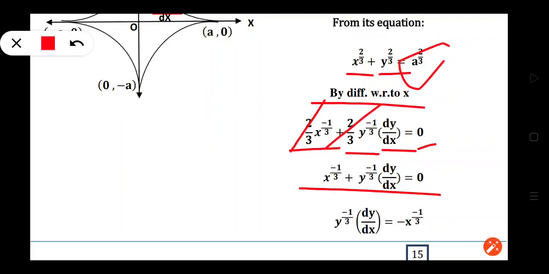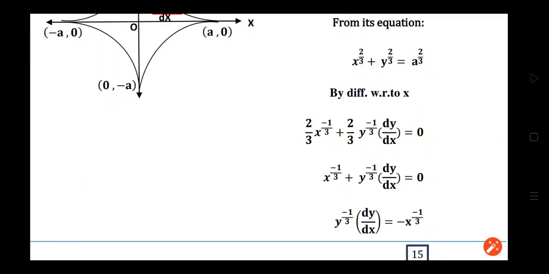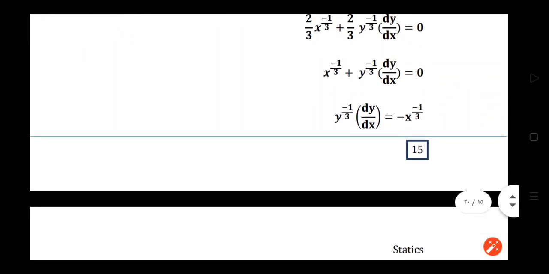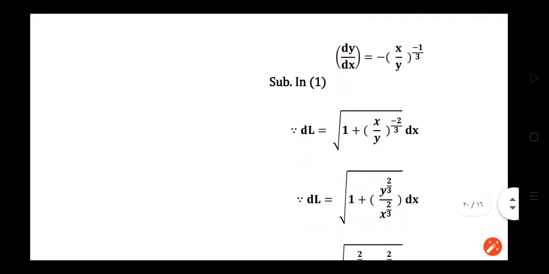To find dy by dx, we put x on the other side, then y power negative 1 over 3 dy by dx equals negative x power negative 1 over 3. We divide by y power negative 1 over 3 to find dy by dx. So dy by dx equals negative x power negative 1 over 3 over y power negative 1 over 3.